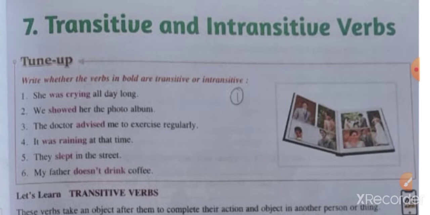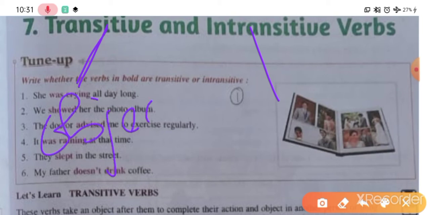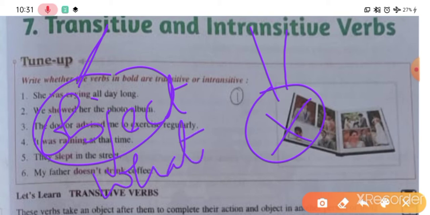In short, whenever you have a transitive verb, you will see an object in the sentence. And when you have an intransitive verb, there will be no object in the sentence. This is one clue. Another clue: if there is any object, that will be the answer of what. And if there is no object, then the answer of what would not be there.